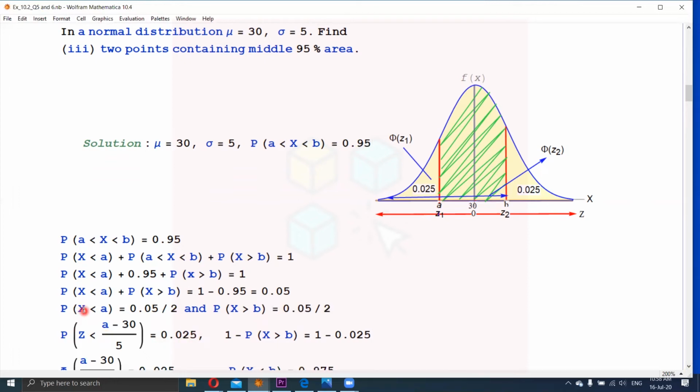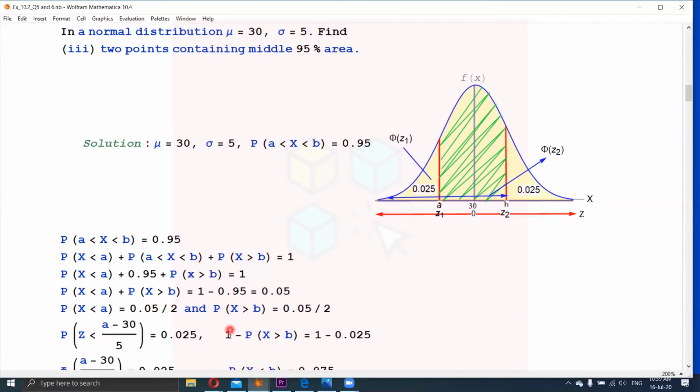So we will convert X normal variate into the standardized variate, and its standardized value for A is A minus 30 over 5. So probability Z less than the standardized value A minus 30 by 5 is equal to 0.025. And the other equation, we have seen that there is the greater than sign.